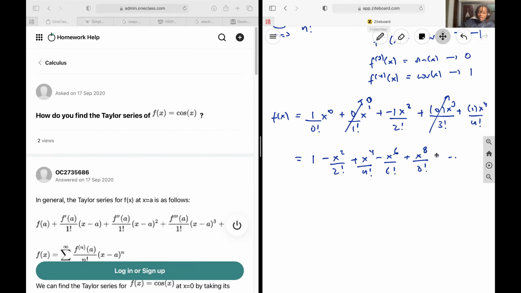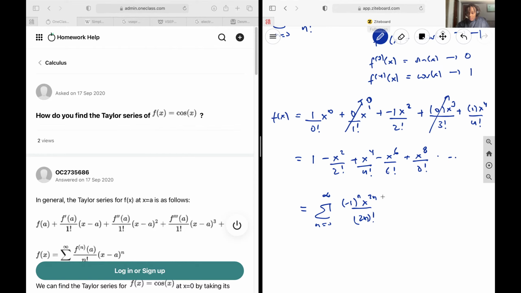And if we try to summarize this pattern with another summation, we find that the pattern is the summation from n equals 0 to infinity of negative 1 to the power of n, x to the power of 2n over 2n factorial.